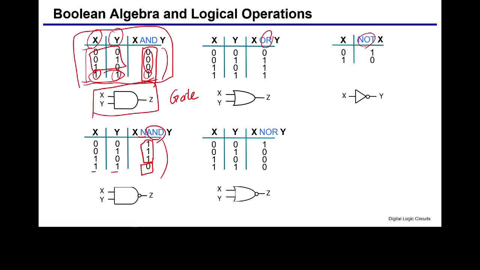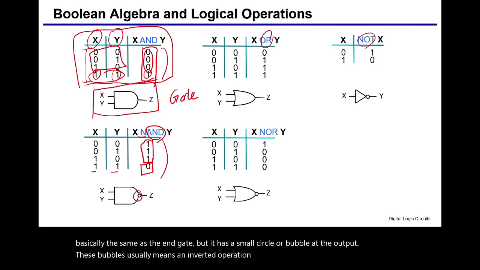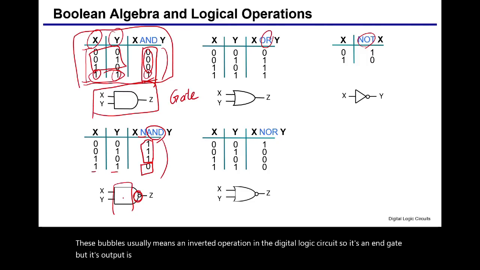The symbol of the NAND gate also represents such behavior. It's basically the same as the AND gate, but it has a small circle or bubble at the output. These bubbles usually mean an inverted operation in a digital logic circuit. So it's an AND gate, but its output is inverted.